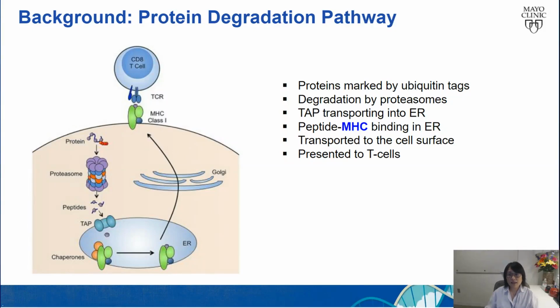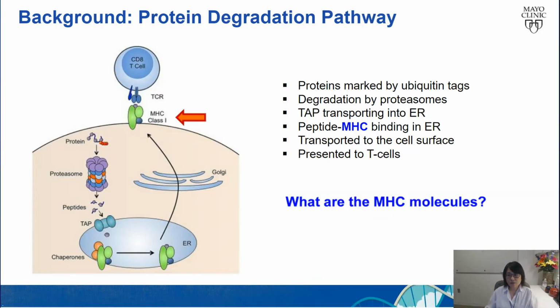In the ER, each peptide is loaded onto MHC class I molecules by many molecular chaperones. The peptide MHC class I complex is then transported to the cell surface for presentation to T cells. T cells then read each peptide to make sure it's not harmful.